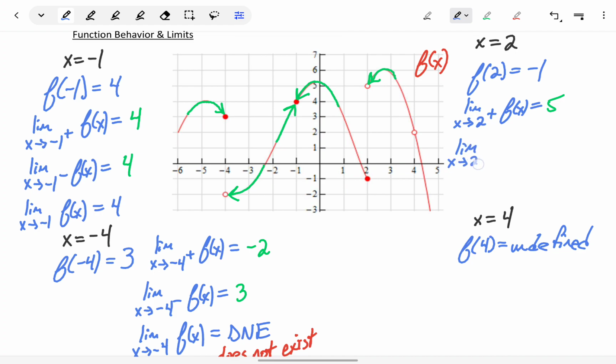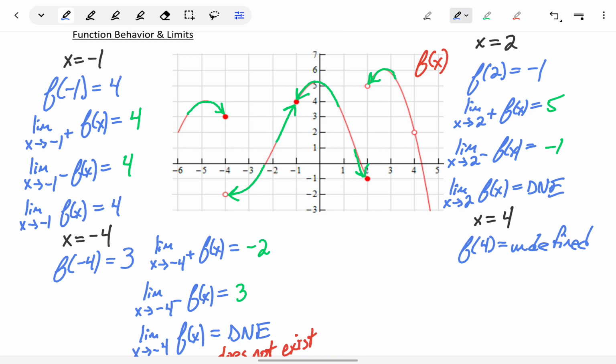And as we consider the limit as x approaches 2 from the left, we're approaching a function value of -1. The one-sided limits are different from each other, and that means that the limit as x approaches 2 of f of x does not exist, or DNE.